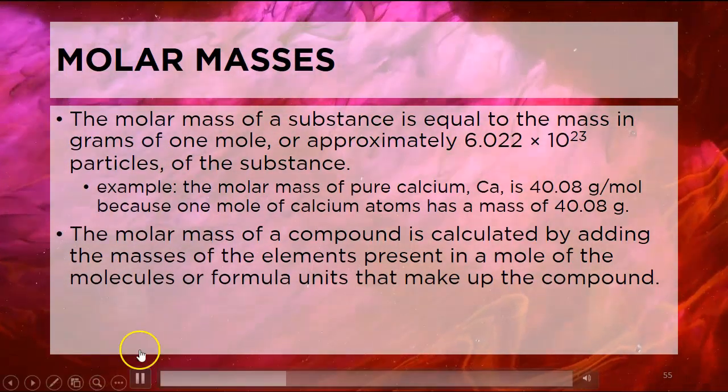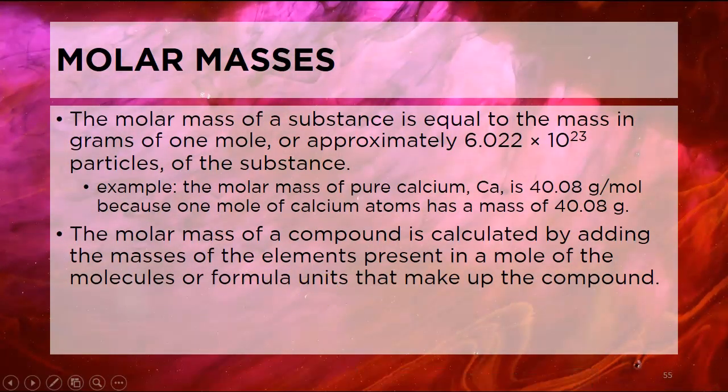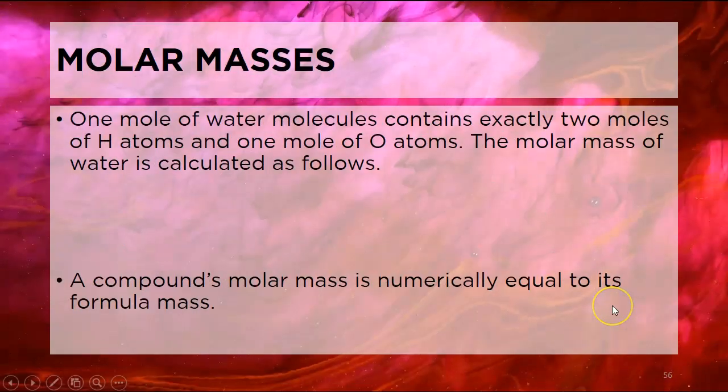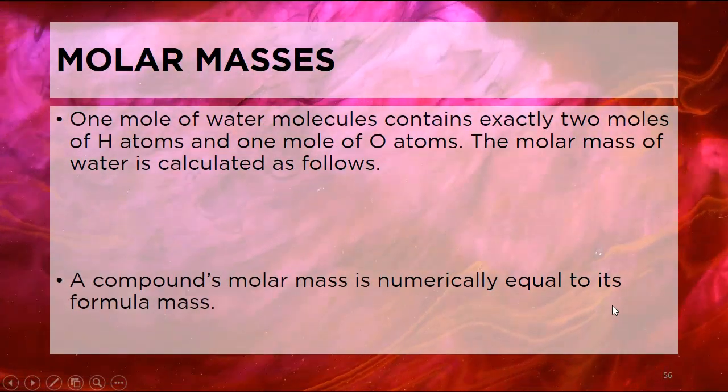All right. So looking at the molar mass, remember we said that a mole of a substance is 6.022 times 10 to the 23rd particles. So if we have calcium, that means a mole of calcium atoms would weigh 40.08 grams, because that's what you find on the periodic table. So to find the molar mass, as you saw, I'm just adding up all the individual parts.